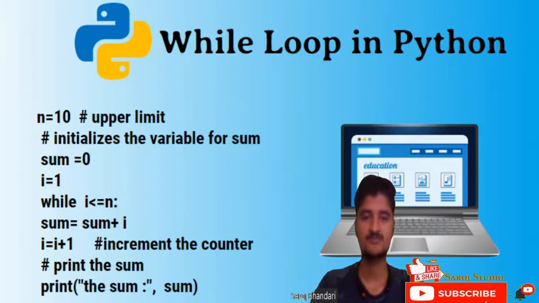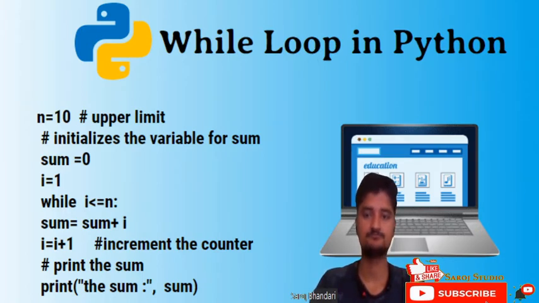At first we have assigned the value of n to 10, and then we initialize the variable sum. Here we are calculating the sum of n natural numbers, that is 10 natural numbers, because the value of n is 10.